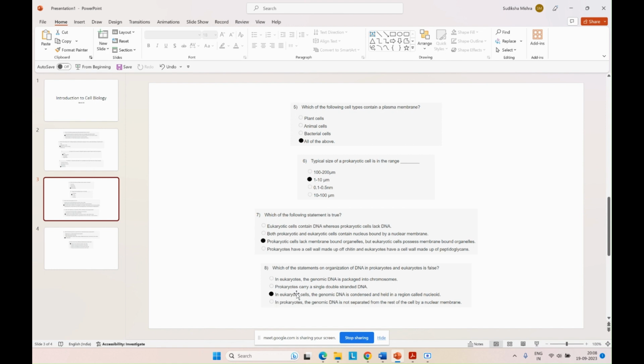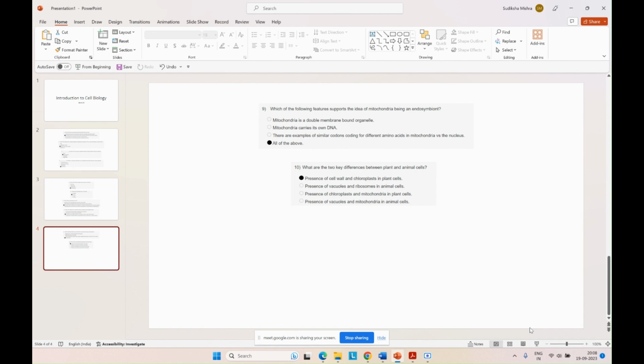In eukaryotes, the genomic DNA is condensed and held in a region called the nuclear. Yes, the genomic DNA is condensed, but it's not in a nuclear, it's in a nucleus. In prokaryotes, the genomic DNA is not separated from the rest of the cell by a nuclear membrane, which is also true.